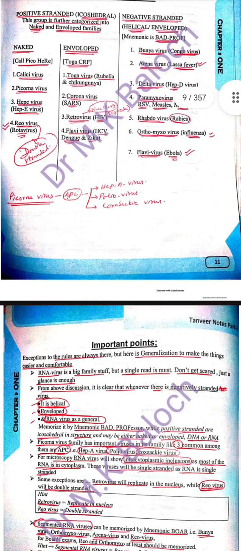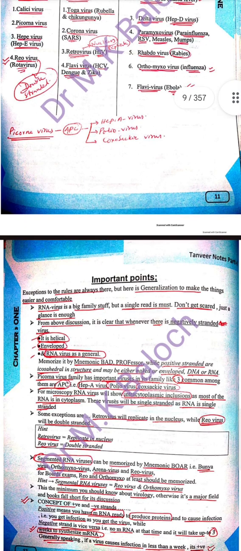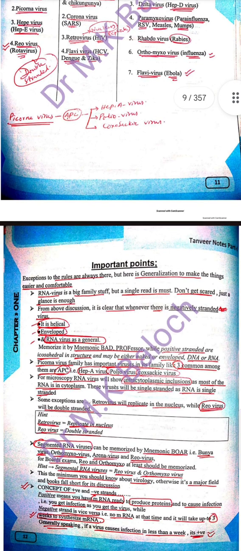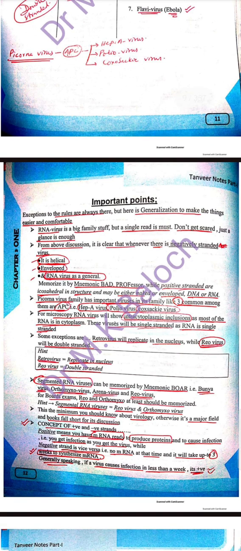Okay, important point is exceptions to the rules are always there, but here is generalization to make the things easier and comfortable. So RNA virus is a big family, but a single read is a must. Don't get scared. Just a glance is enough. So here the author also said what I said to you.